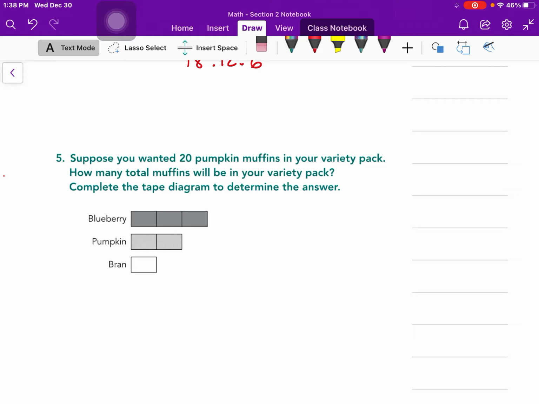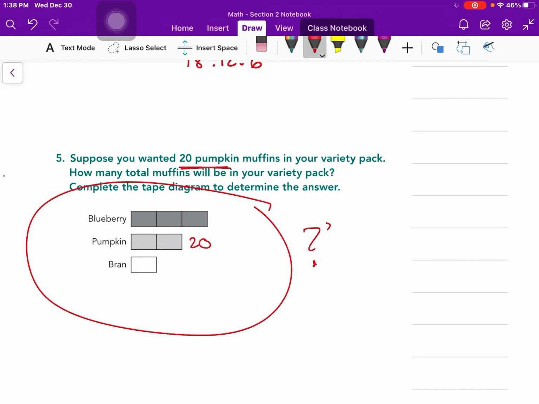Okay, so suppose you wanted 20 pumpkin muffins in the variety pack. How many total muffins would be in your variety pack? So 20 pumpkin. How many total muffins are there going to be? I don't know the total, and I don't know how many blueberry and bran.